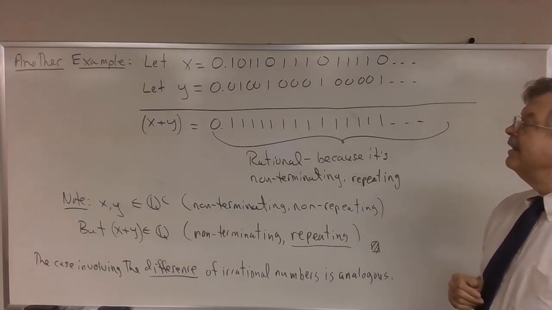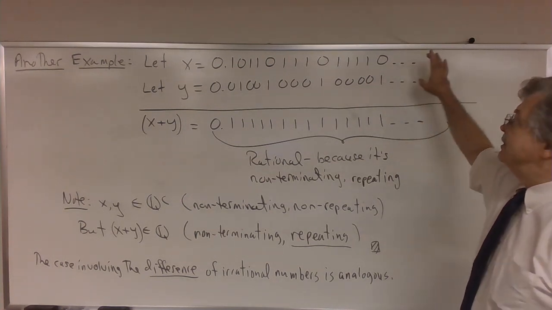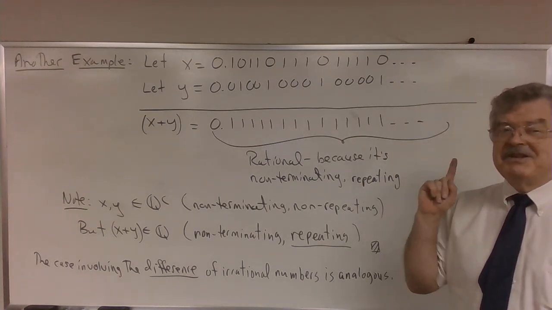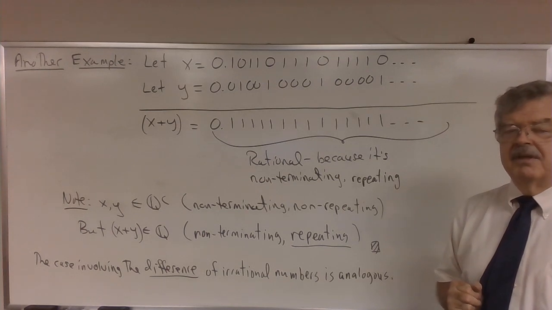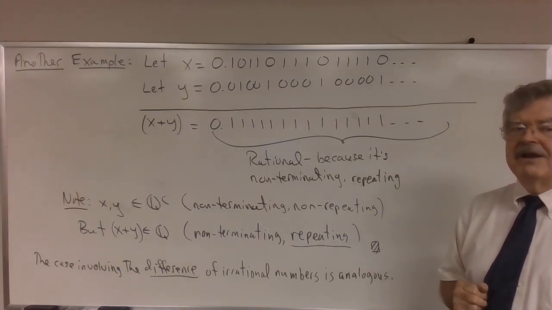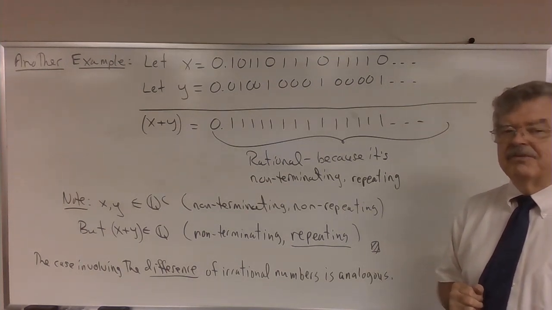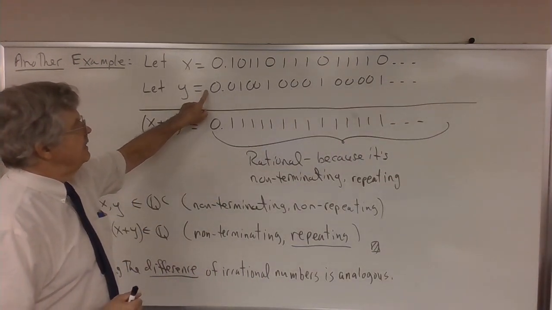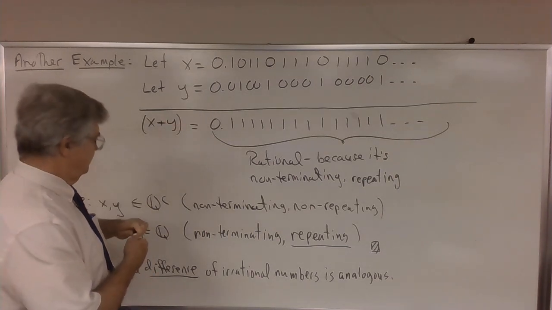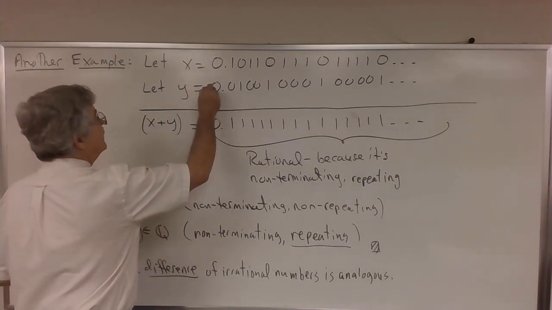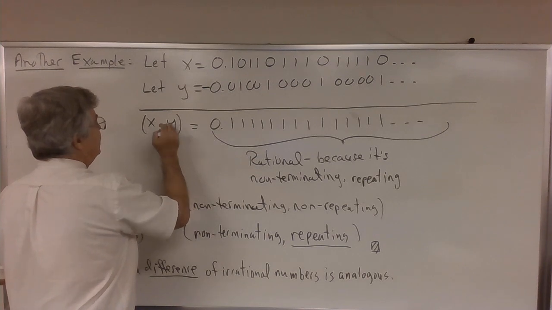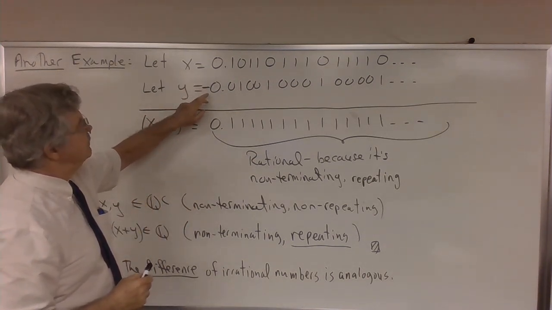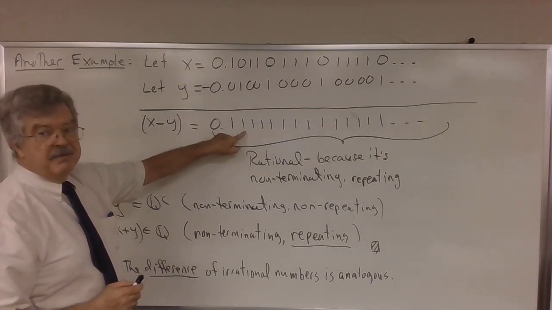Or, if we used a construction proof like this, and we wanted to show that the difference of two irrational numbers can be rational, just put a negative sign here, negative sign, and then x minus y would be x minus this thing, and we'd still get a rational number.